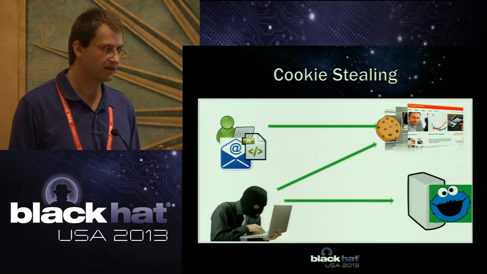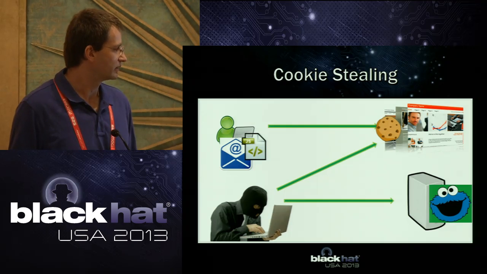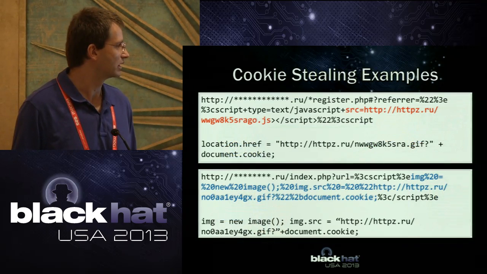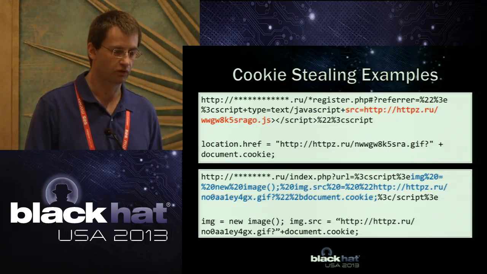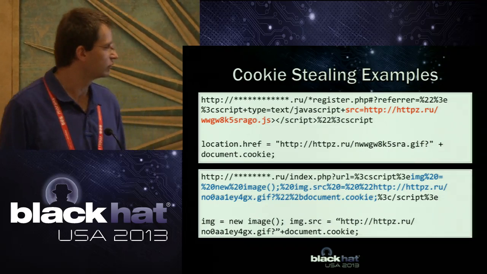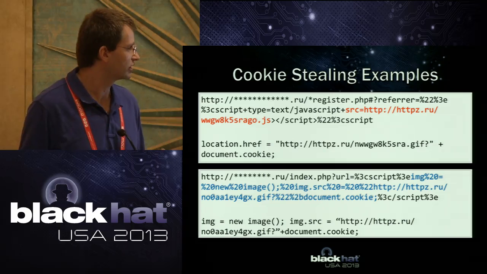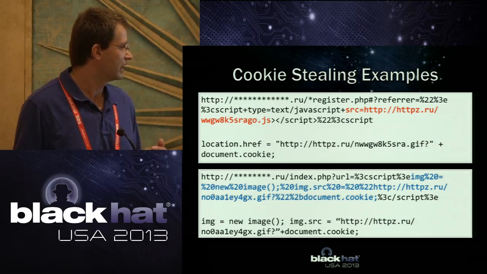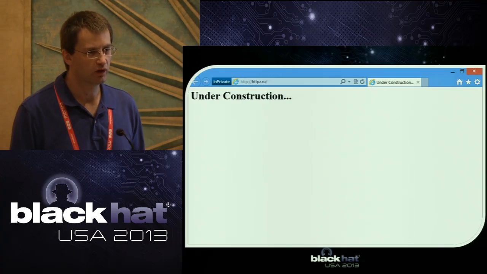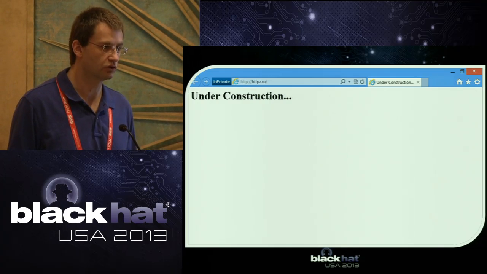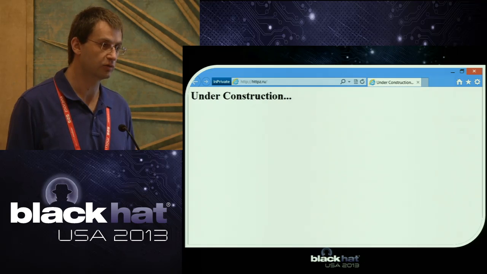Now, the actions that can be done while impersonating are different, depending on the web application, but clearly that gives attackers some opportunities. And we have seen many examples of attacks using this cookie stealing technique with different kinds of short scripts through different kinds of URLs. For an example, this httpz.ru website is well known to be malicious if you are using any sort of web reputation service, like a URL reputation service, like Internet Explorer SmartScreen.